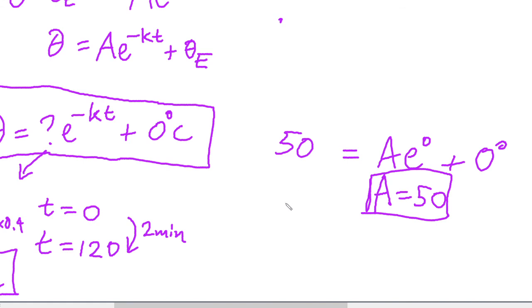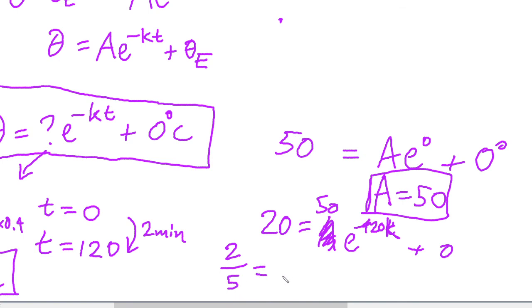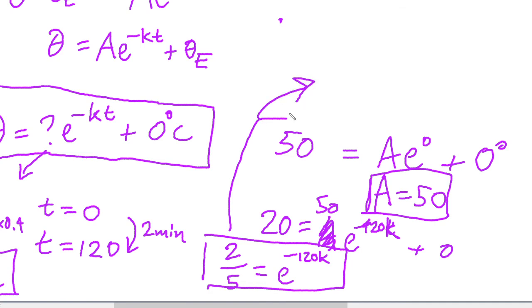So that means a would be 50, and with additional data, say 20 is 50 times e to the minus 120k plus 0, you'd get 2 over 5 is equal to e to the minus 120k, or taking the ln of both sides and multiplying by 120, 1 over minus 120 ln 2 over 5 is equal to k.